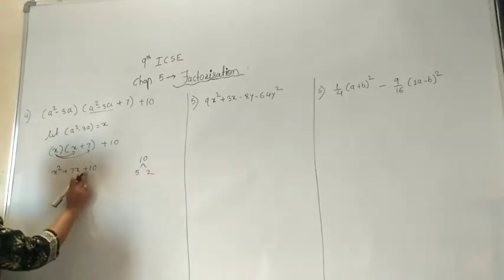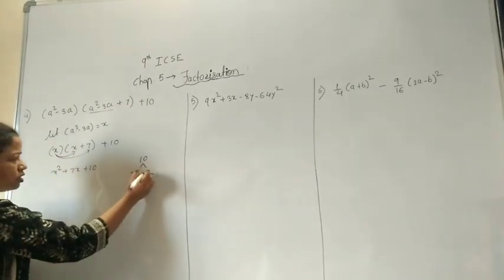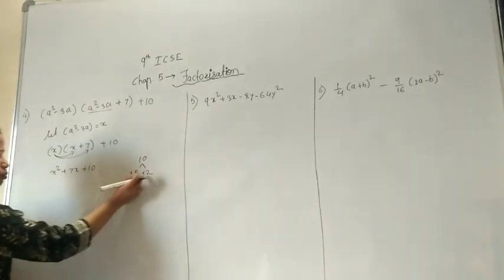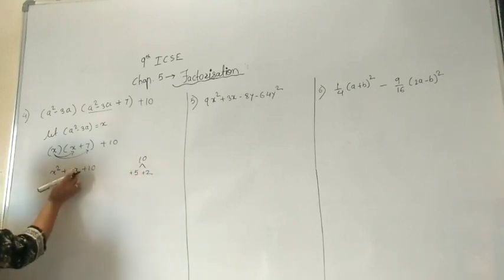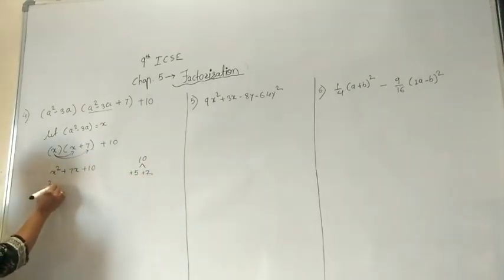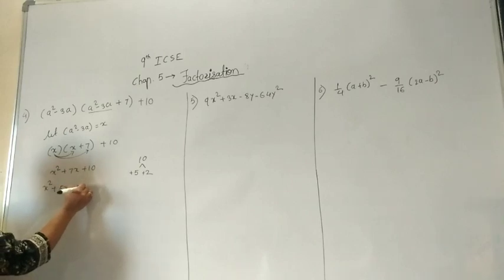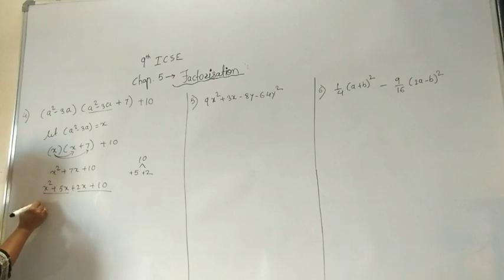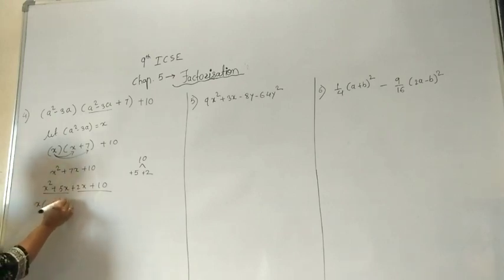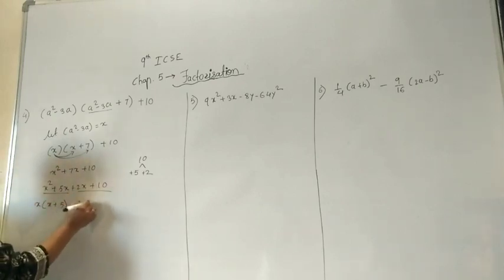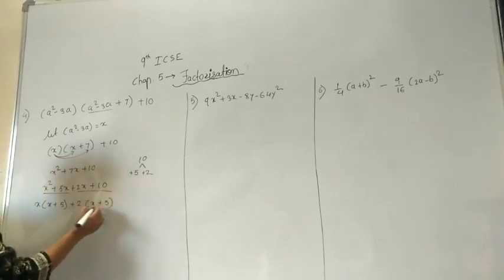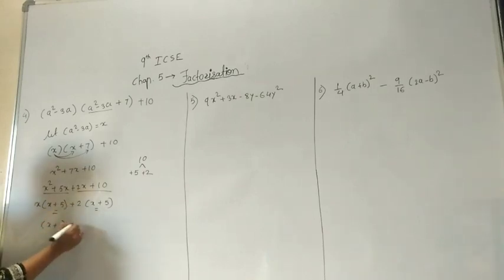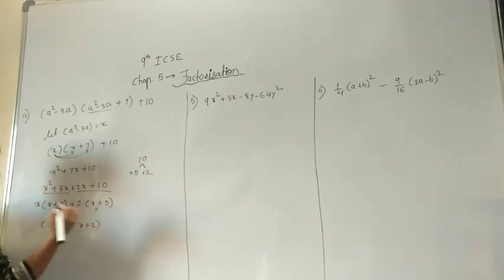This sign is plus, and this sign is also plus, so both are plus. 5 twos are 10 and 5 plus 2 is 7. So putting these two terms in place of 7x: x square plus 5x plus 2x plus 10. Taking common x, so x plus 5, and from this 2, so that x plus 5. Same bracket, take common x plus 5, another bracket x plus 2.